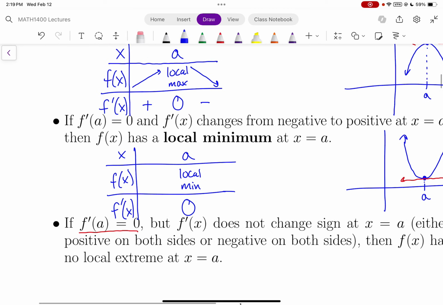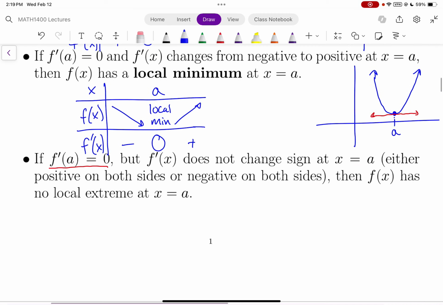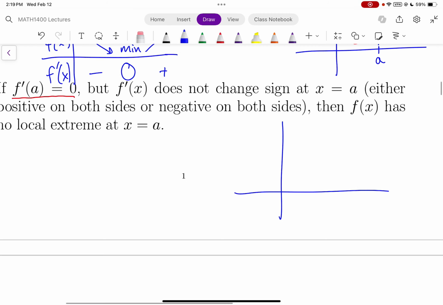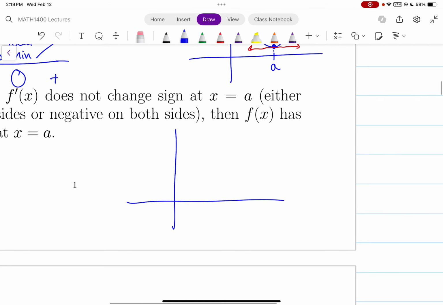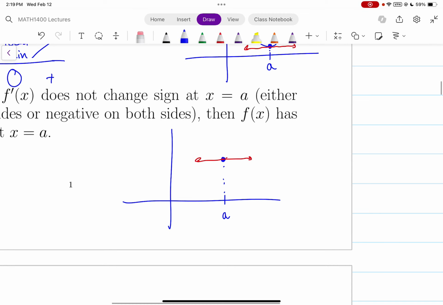So if we want to know what this looks like, I'm going to draw this back on here. That's negative, that's positive. What does this look like? That's when you have stuff like this. So here's my point at a, where my tangent line is horizontal.